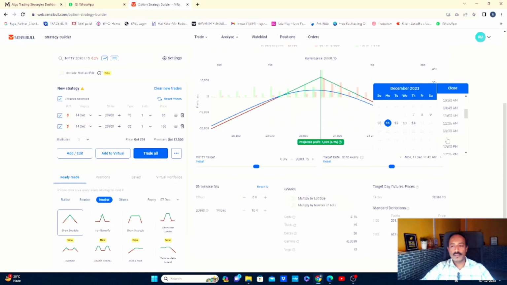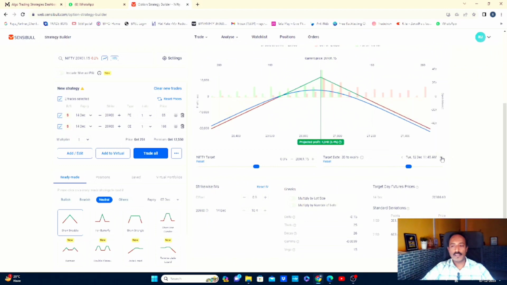11:30, if you make this straddle and keep moving it, see, sometimes there are intraday straddles also you can do, positional straddles also you can do. If it is held till Thursday, 14th December, you will get the whole premium: 10,700 if it closes at 20,900. To be precise, you can change any number.